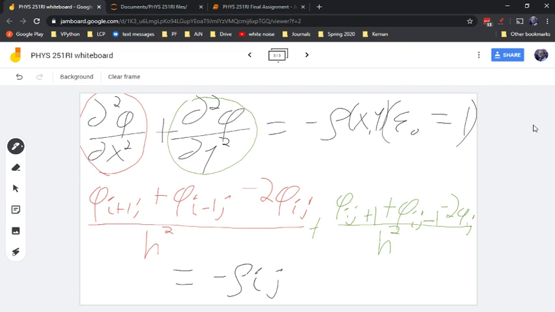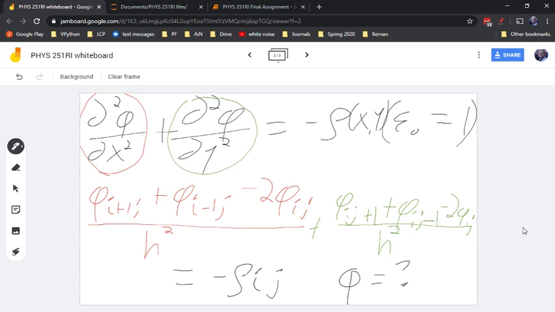And you say, okay, that's wonderful. I still don't see how this is going to go into the code, right? Because the thing we're interested in solving for is phi. And I've got 1, 2, 3, 4, 5 different phi's on here, right? So how in the world am I supposed to get phi out of this?